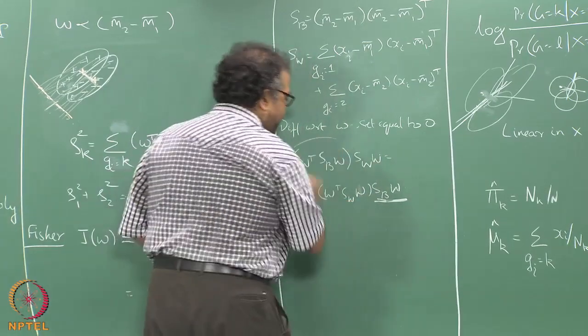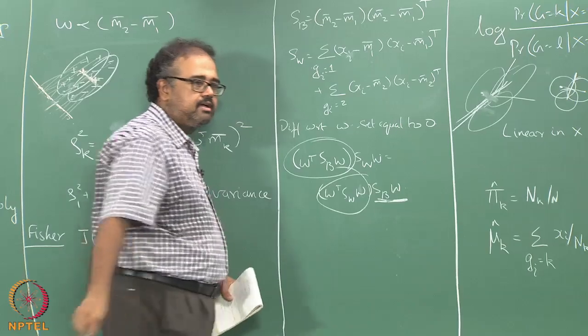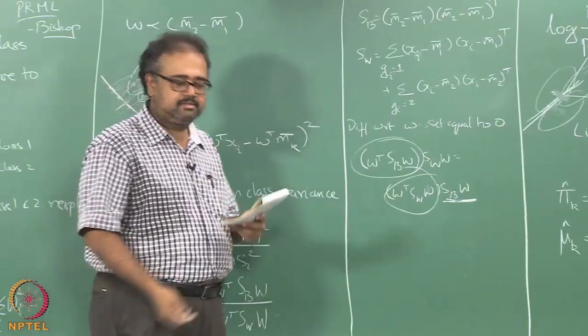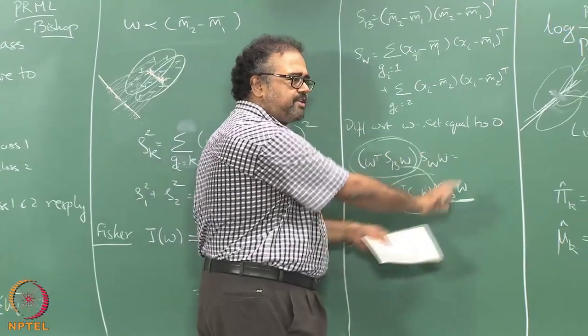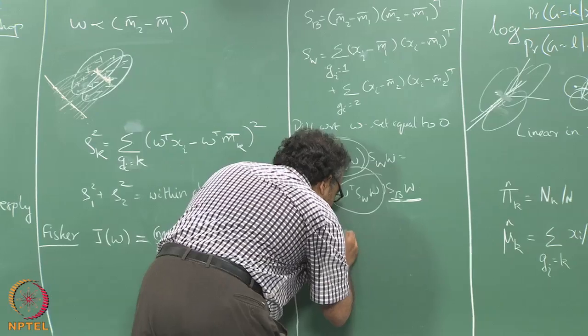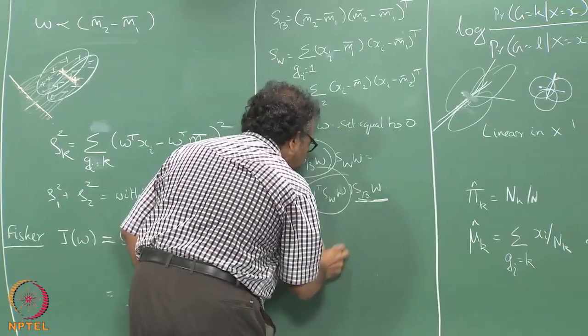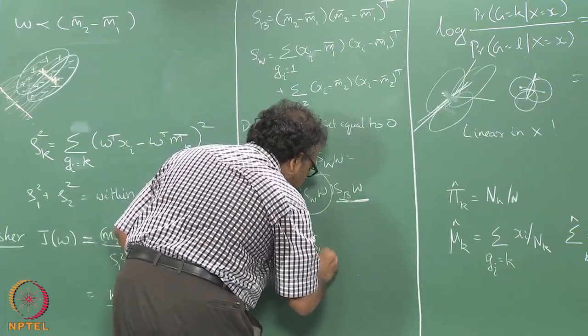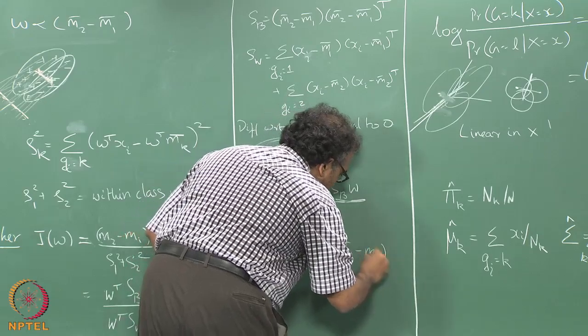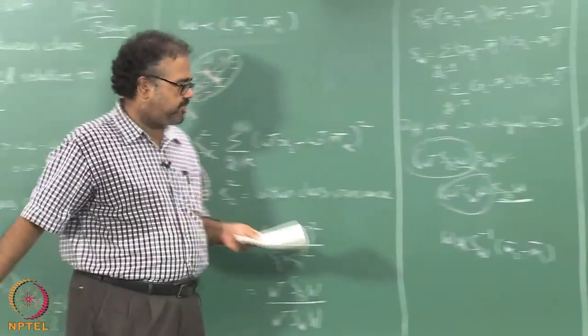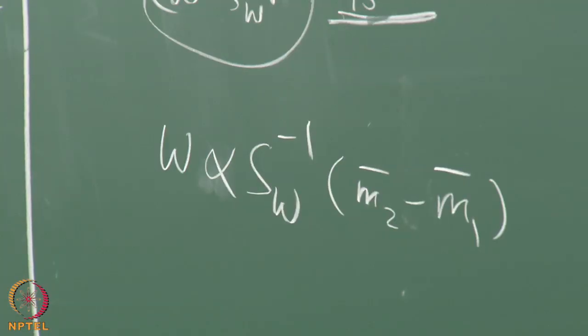So what about these guys? They all simplify to some kind of scalar quantities, right. So finally what I will get is w is not equal to but proportional to this, so that is essentially what I will get.